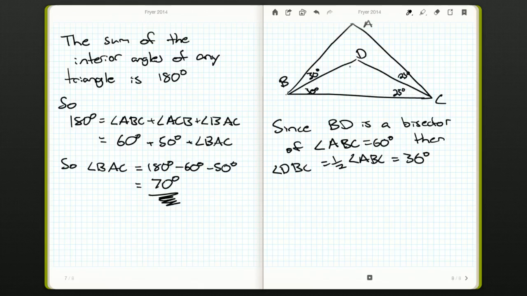And in this way, we're going to be able to use the exact same method we did in the previous question. The sum of the interior angles are 180 degrees, and so that should give us the angle BDC.